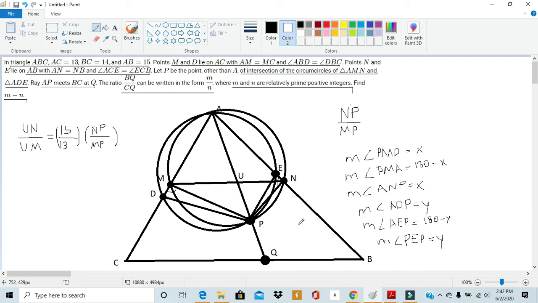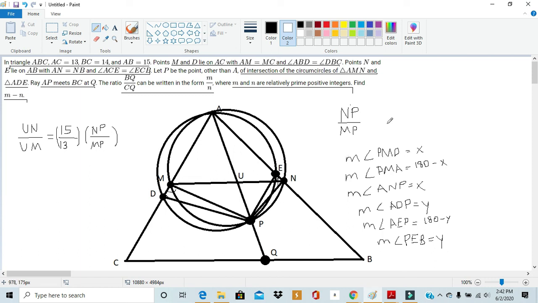So essentially, we've just reversed the steps we used with angles PMD and ANP. We first exploited the property of a cyclic quadrilateral and then exploited the straight line to find out that angles ADP and PEB are the same. So we got another pair of equal angles.